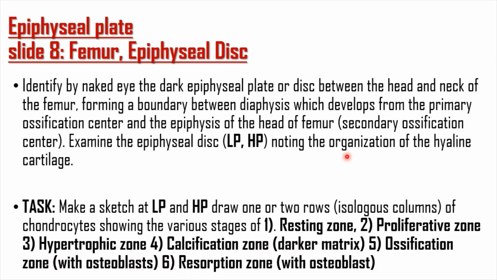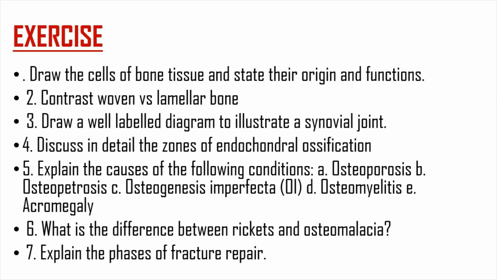Now let's look at the histological slide from the femur, which is slide 8 that you're going to draw. We're going to look at that slide, but after this slide that I'm going to show you, you're going to do this exercise. You draw the cells of the bone and state their functions. You contrast woven bone from lamellar bone. You draw a well-labeled diagram to illustrate a synovial joint.